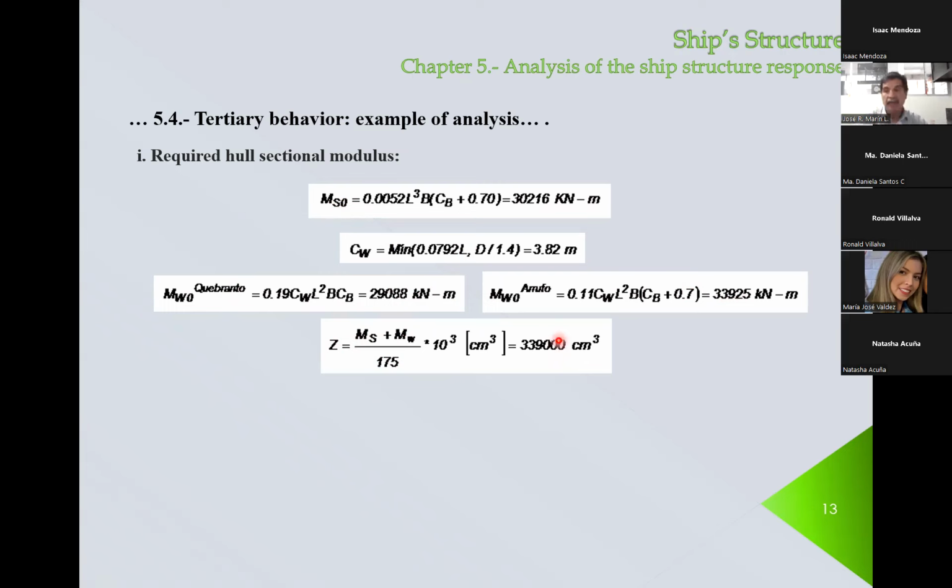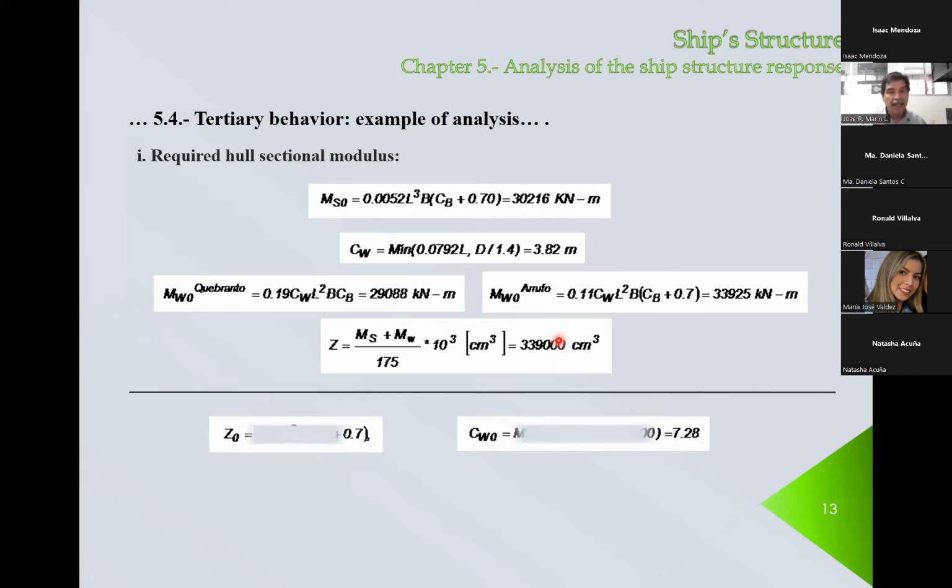But remember that we just discussed that there are some limit states. One is the accidental, and my understanding is that this is the accidental limit state. The rule says that you have to have this value of minimum section modulus for the whole section, but this value must be lower than this.